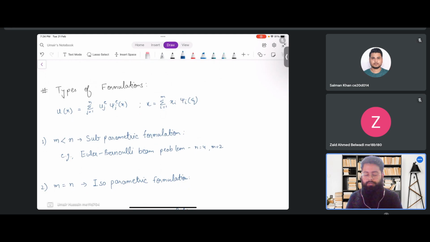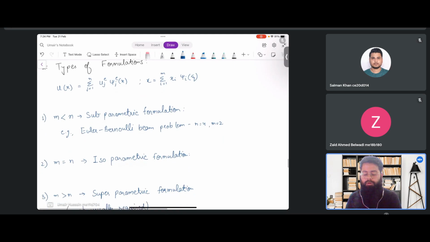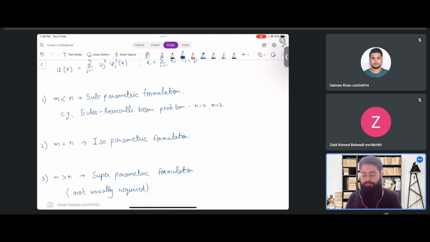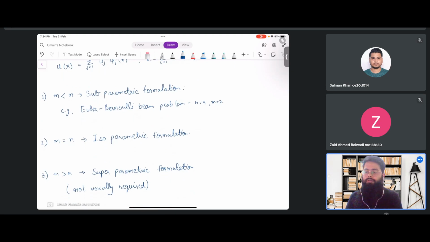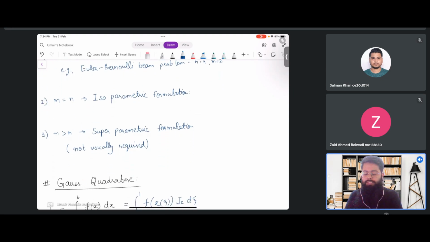If the number of points for approximating geometry is less than the number for approximating the solution, that's known as subparametric formulation, popularly used in the Euler-Bernoulli beam problem. The other way, where m is greater than n, is known as superparametric formulation, which is not very generally used.